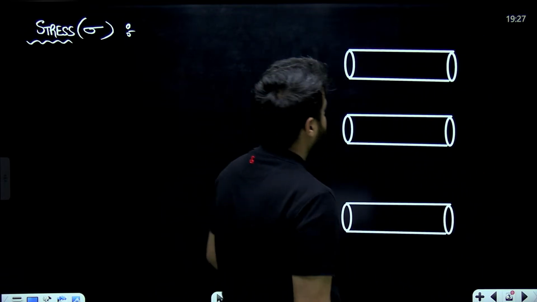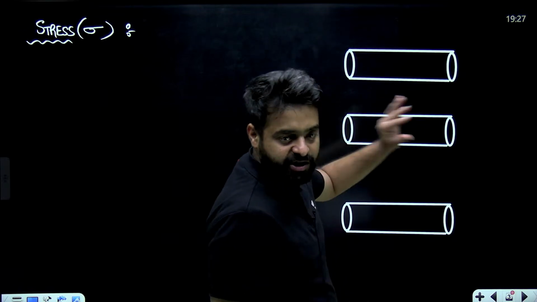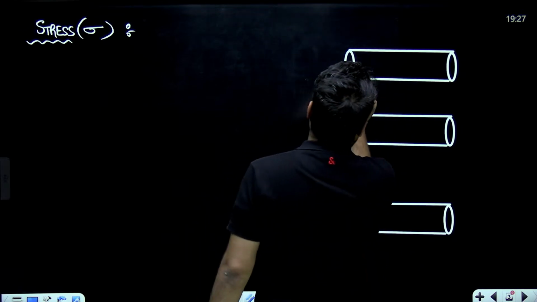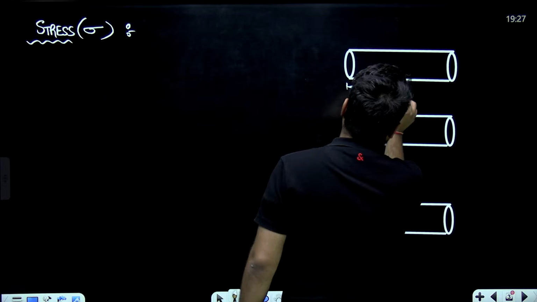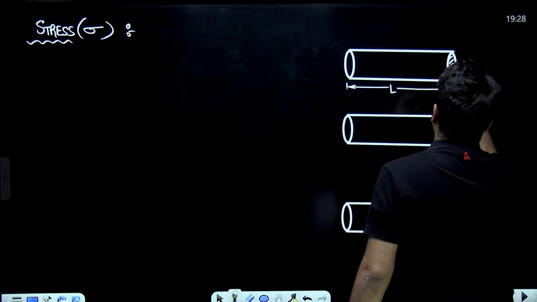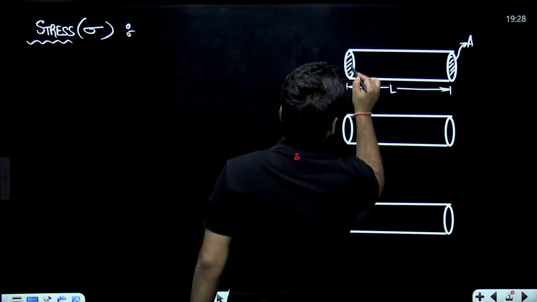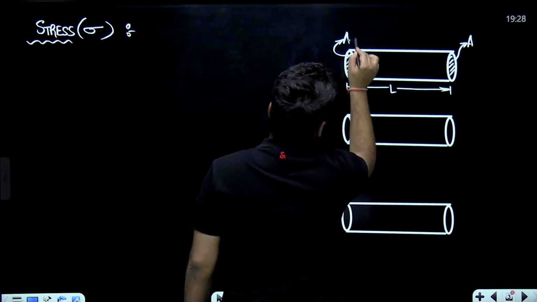Try to understand. Let's suppose this is the body of original shape. It has length L, and a cross-sectional area A. Both sides, obviously, have area A.